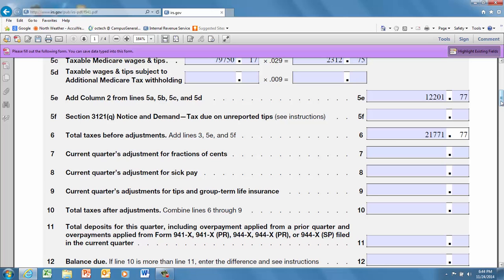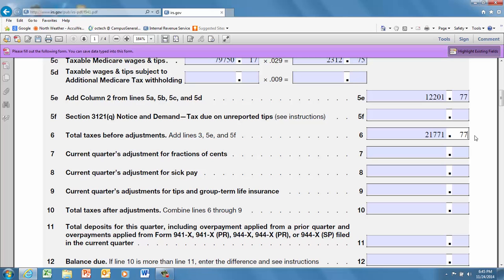So this is saying this is the total that we should have deposited for our 941 deposits. Now sometimes because of rounding, we might have deposited something a little bit more or less. And so in this case, we were told that the total deposits was $20,176.83, and oh, I have the wrong version of this, this is the 2013 version of the payroll tax book.